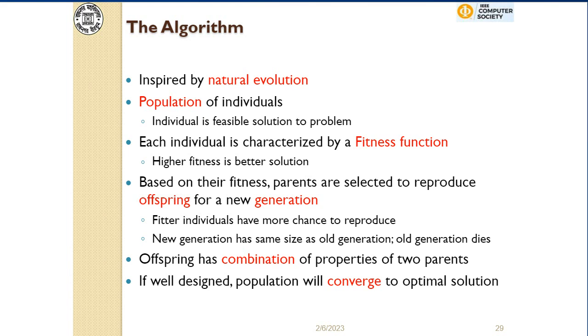The offspring have a combination of properties of the two parents. So it may happen that one parent has good values and a probability of giving good outcomes, and another parent may not. But if you go for the mating of these two parents, then the new offspring may have some good probability of qualifying as the best solution.